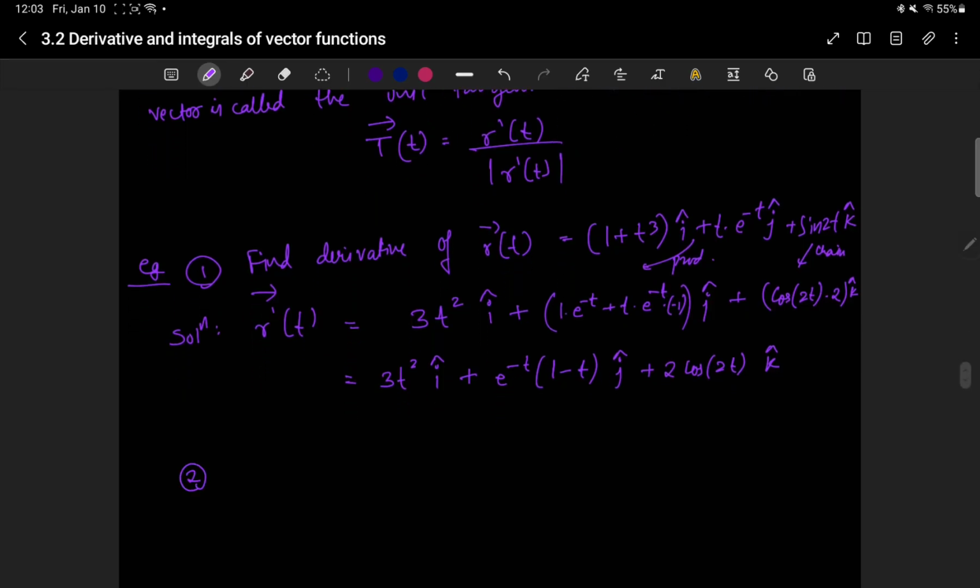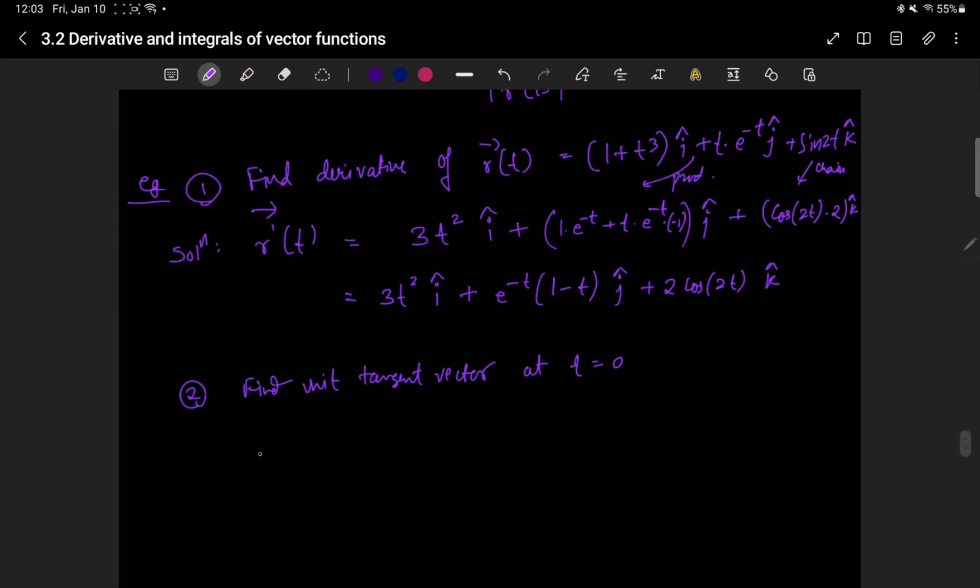Now there can be a second part of this question which says find the unit tangent vector, but where? At t equals 0. So all you need to do is find this exact vector. So that's 0 i cap plus 1 j cap plus 2 k cap. So this is j plus 2k, or 0, 1, 2.